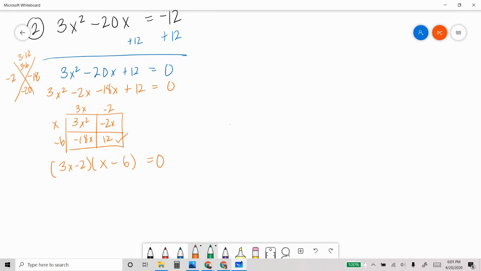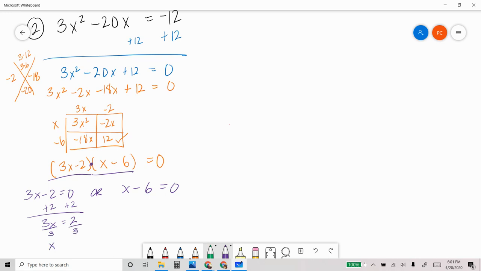Okay. Now we want to use the zero product property to break it apart. So that's saying that either 3x minus 2 is equal to 0 or x minus 6 is equal to 0. And then from here we can solve. On the first equation, add 2 to both sides to get 3x equals 2.